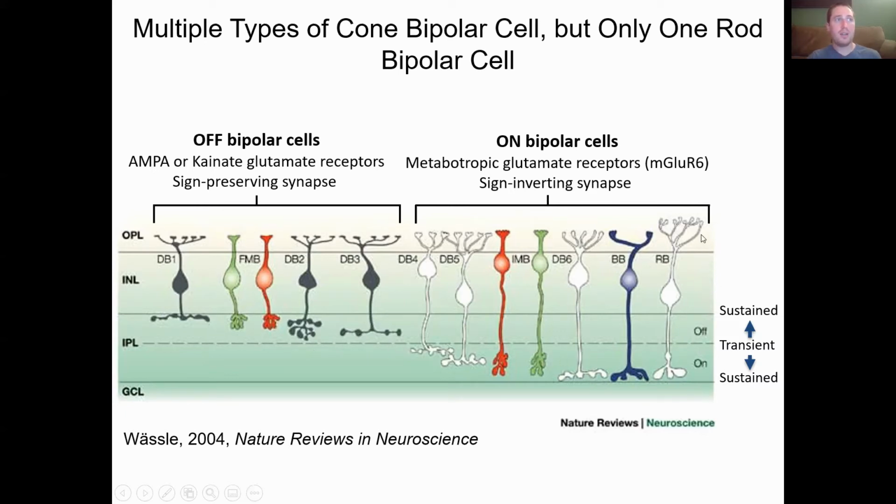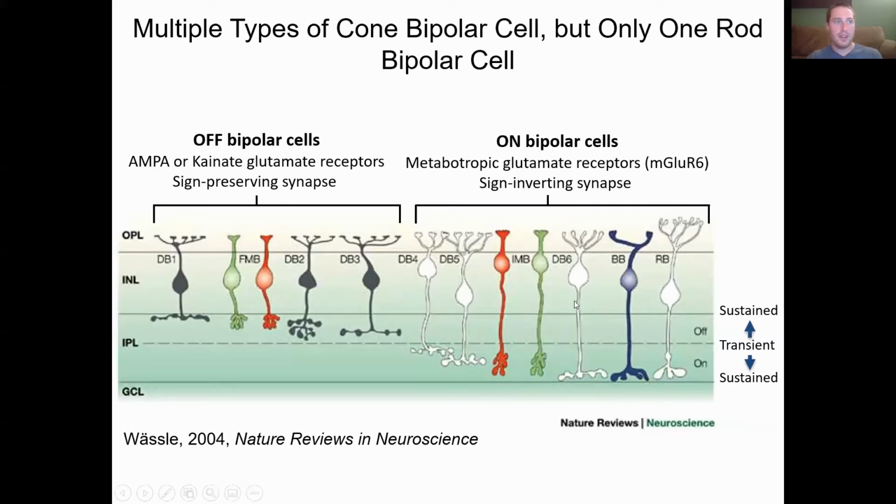But these on bipolar cell types, they all express a metabotropic glutamate receptor, specifically mGluR6. And so this is a little more complicated than the ionotropic receptors, and it will invert the sign. So actually when glutamate binds to this receptor, it starts a cascade that results in less depolarization.